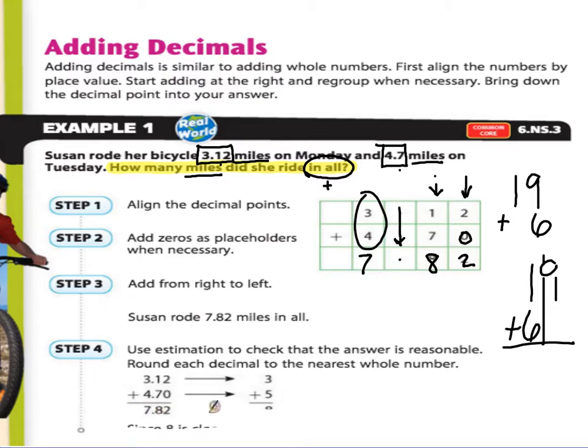Okay, when I add those two things, I get 8. So my answer should have been around 8. 7 82/100 is close to 8, and since I rounded 5 up, it makes sense that my answer was a little bit larger. Okay, since 8 is close to 7 82/100, my answer is reasonable.